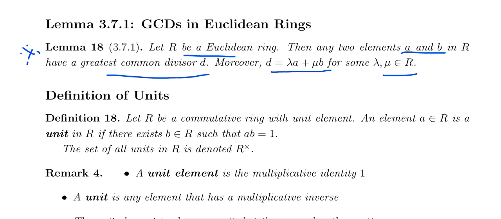R be a commutative ring with unit element. An element A belonging to R is a unit in R if there exists B belonging to R such that AB equal to 1. The set of all units in R is denoted by R star. I think this was already discussed.